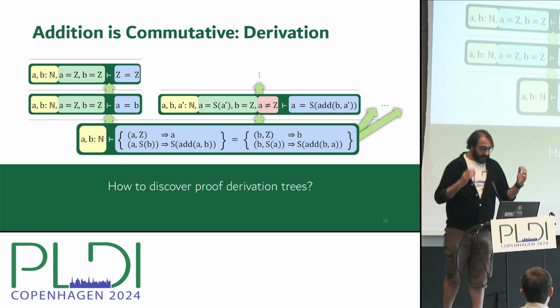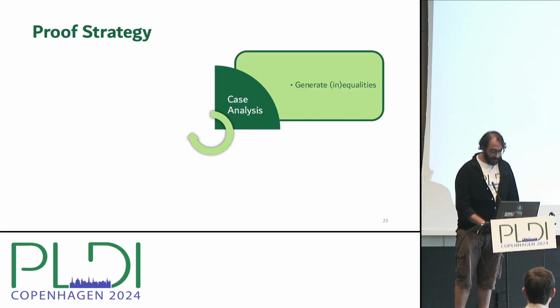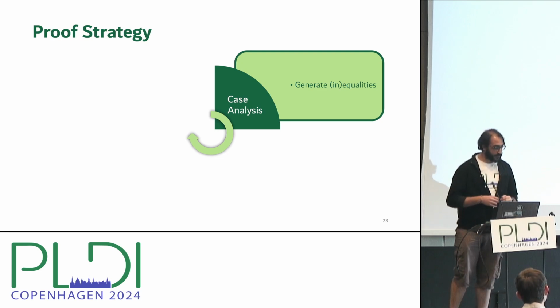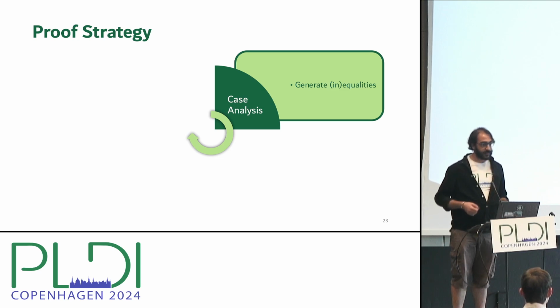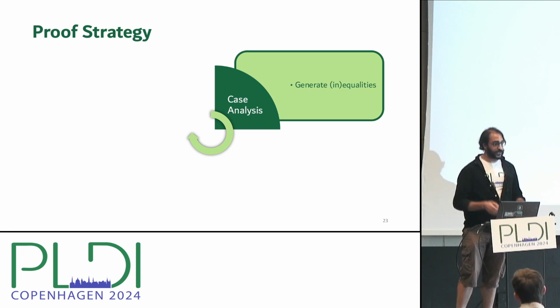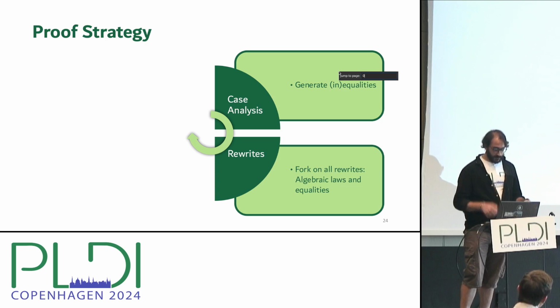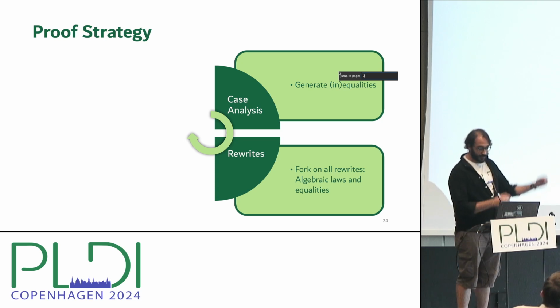And the problem right now is how do we find these trees automatically all by ourselves? Our tool follows this very simple but powerful cycle. First of all, it looks at case analysis to generate equalities and disequalities, so which paths we take, which paths we don't take. We then apply rewrites, so the stuff that we know, maybe that some other function is commutative, we can apply that.